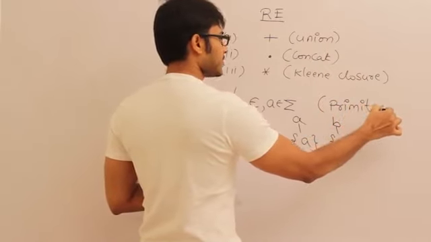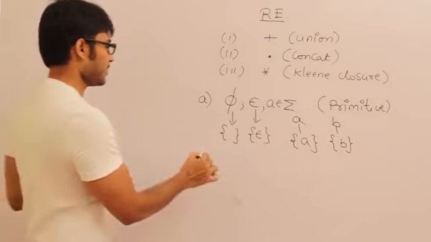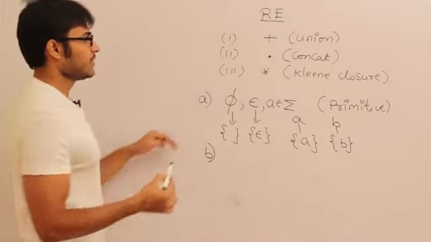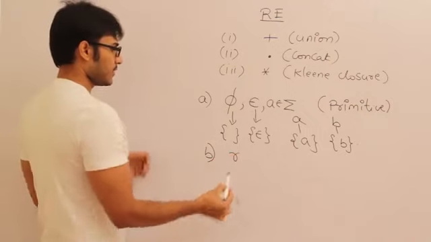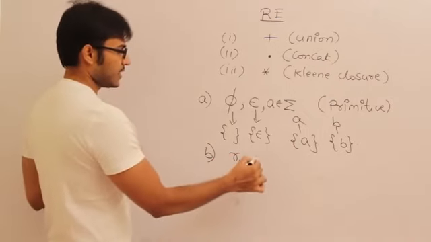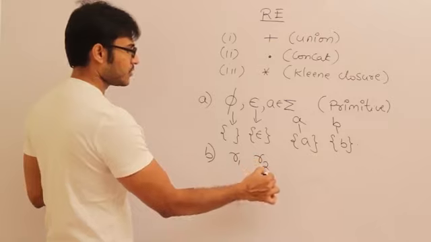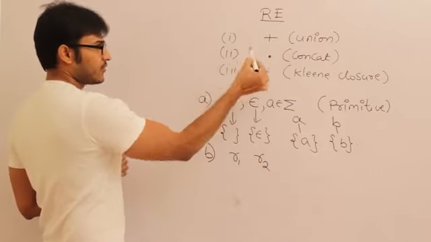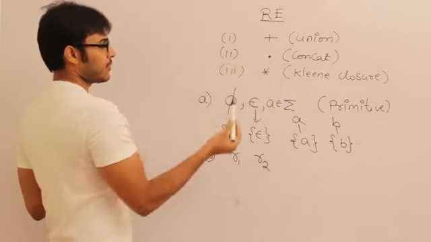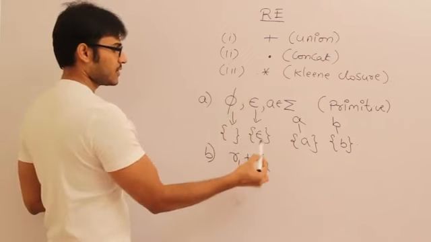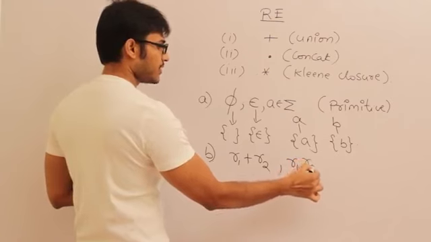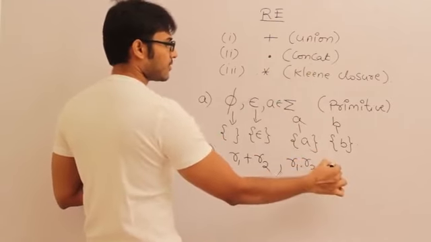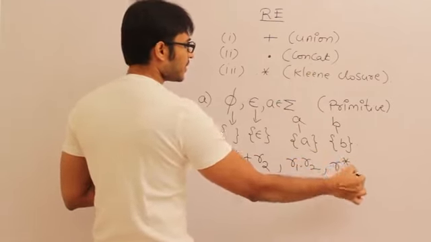And the second point is, if I take any regular expression, let us say R1, and any other regular expression R2, and apply any of these operations, then R1 plus R2 is a regular expression, R1 dot R2 is a regular expression, and R1 star is a regular expression.